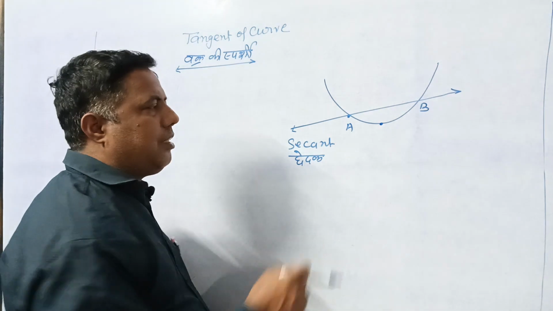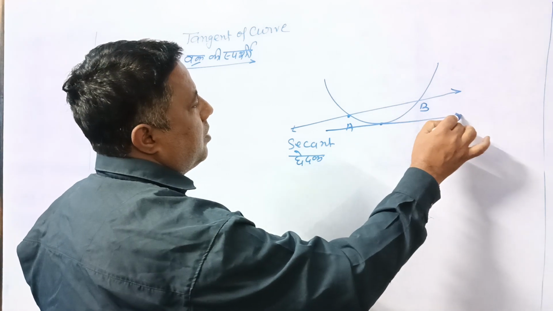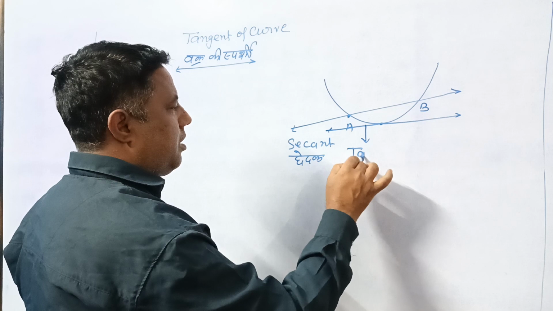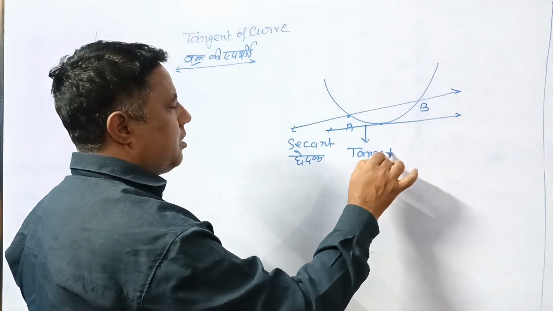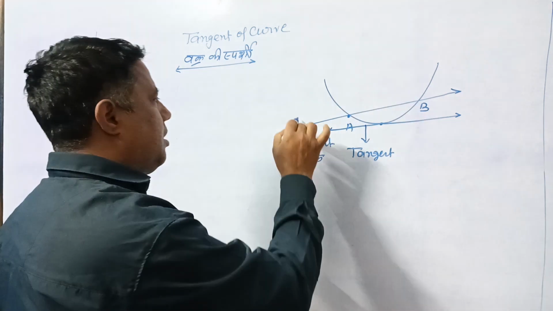If the line touches only one point of the curve, then it is known as a tangent. Okay? This also becomes a tangent.